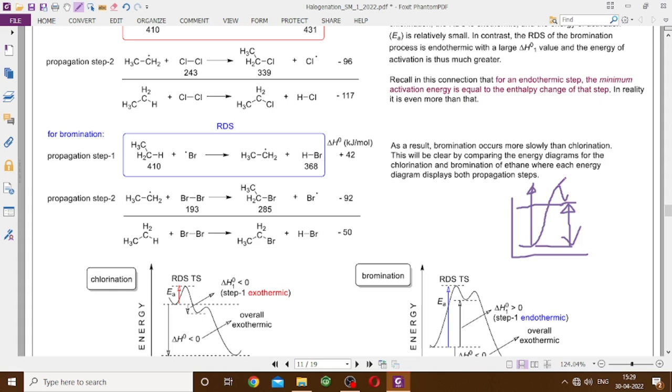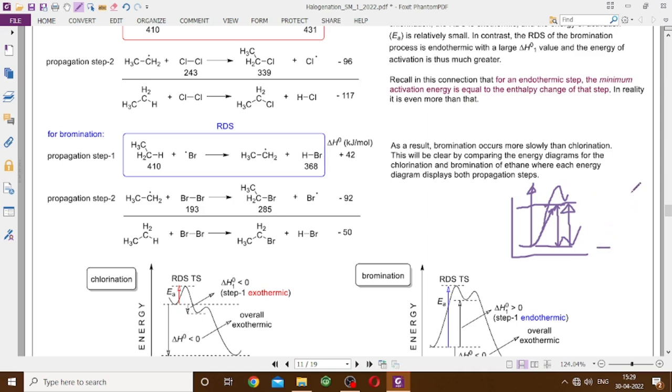If the transition state is at the level of the product, that is the lowest you can think, then the reaction will go in this way, and this will require at least the delta H0 value of the endothermic reaction. So for an endothermic reaction, the lowest value of activation energy that must be supplied is the delta H0, because otherwise this diagram does not make any sense.